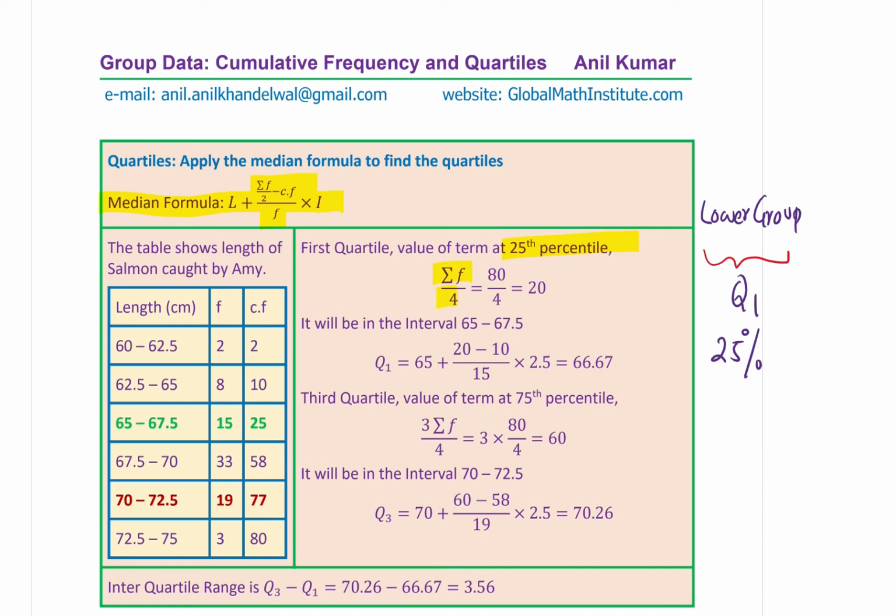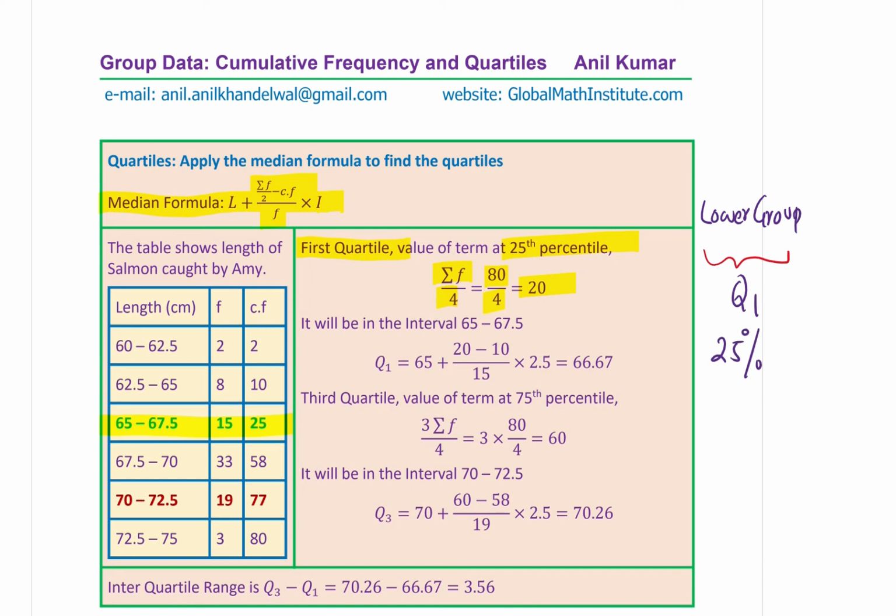Dividing the total number by 4 gives us a position of 20. Where does this 20 lie? Well, clearly, 25 is less than 67.5. That means the value will be between 65 and 67.5. So that becomes the class of our interest to find the first quartile.